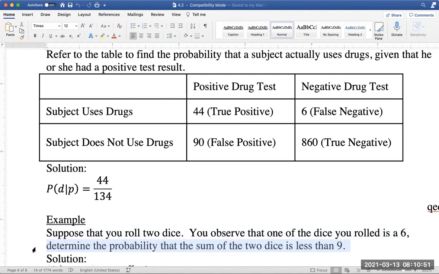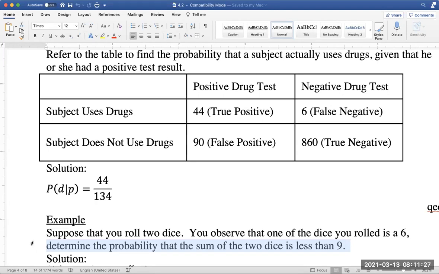Well, the only way that the sum of these two could be less than 9 is if the other dice is a 1 or 2. Can't be a 3, 4, 5, or 6, or the sum of them would be more than 9. So it can only be a 1 or 2. That's 2 out of the 6. So it can only be a 1 out of 3 chance that the second dice that you roll will be a 1 or 2.